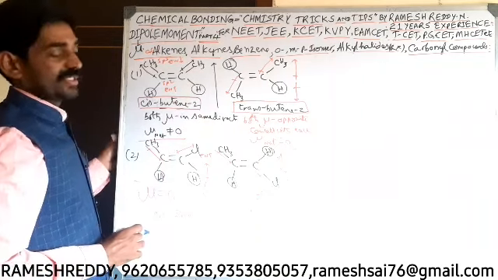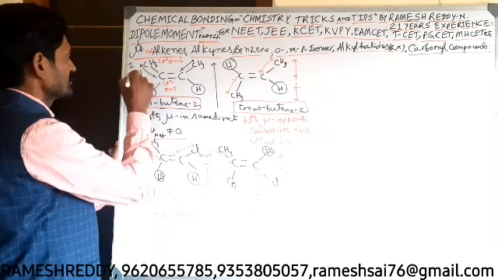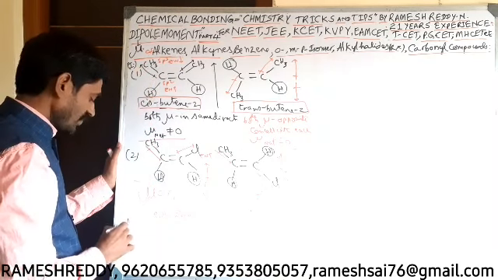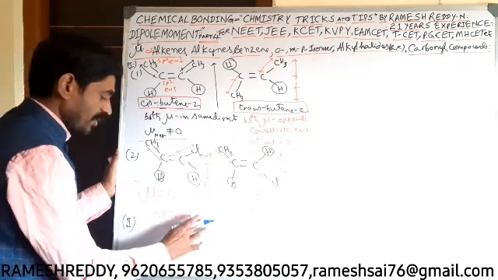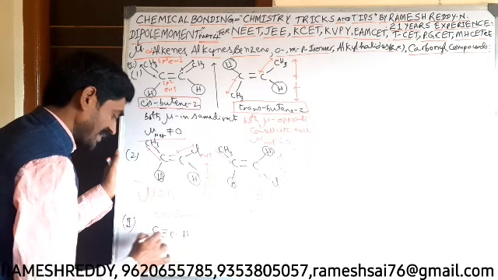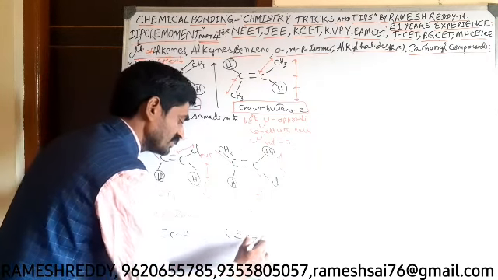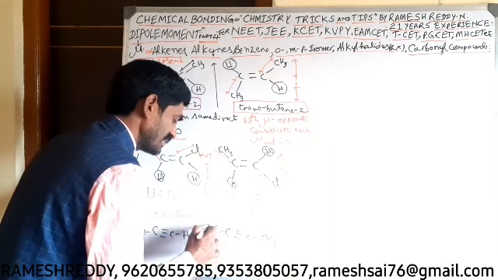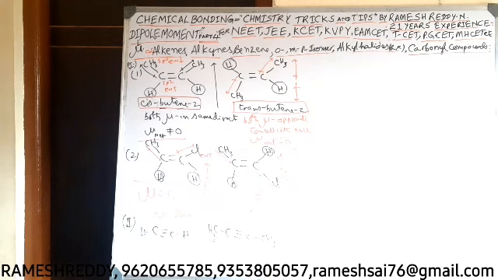Next, alkynes. In the case of alkynes, there is a carbon-carbon triple bond, with a hydrogen atom here, or maybe a methyl group here. The triply bonded carbon is an sp carbon.